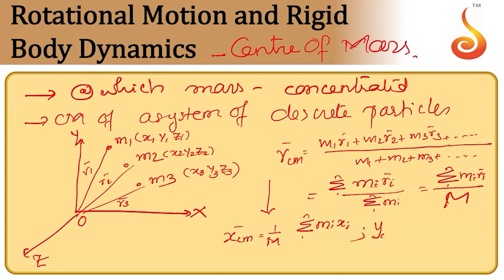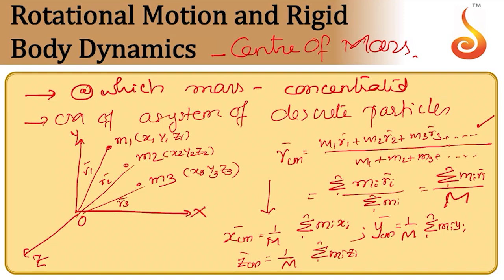Then ycm is equal to 1 by M sigma mi yi from 1 to n. Likewise zcm is equal to 1 by M sigma mi zi from 1 to n. So for a system of discrete particles, this is how you find the center of mass.